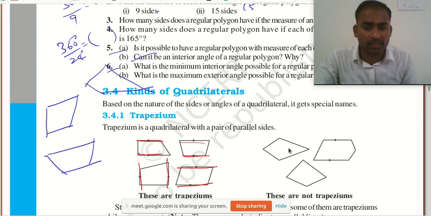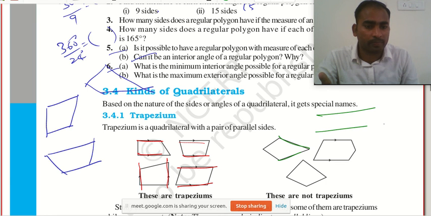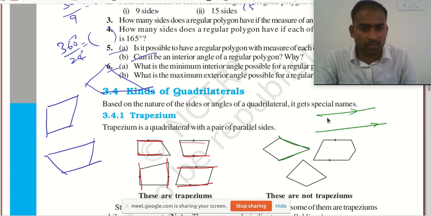And see in this case, you cannot find a parallel line. So is this parallel? No. What is a parallel line? These two are the parallel lines. 2 sides with the same distance in between, if it is equal, then it is said to be parallel lines. You can find at any distance in between these two the equal distance.